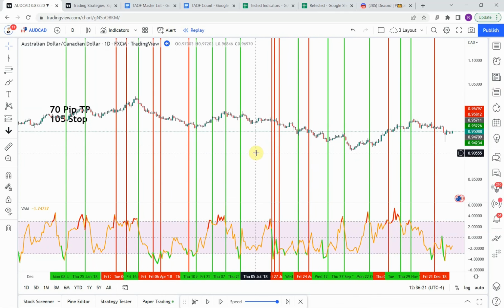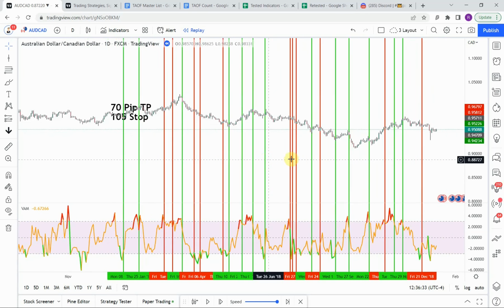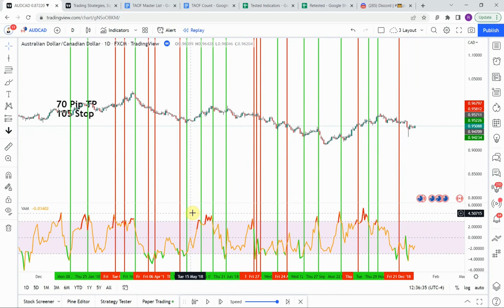And so it just kept taking these stabs a little too early, trying to get into the market and causing these clusters of losing trades. And so that's what caused it to not be able to meet that 60% criteria. So this one is going to go on the no list, and we will move on to the next video from here.